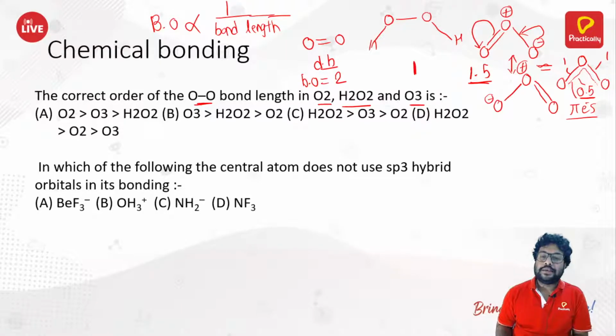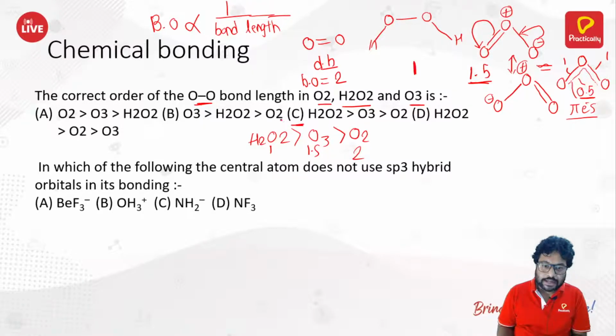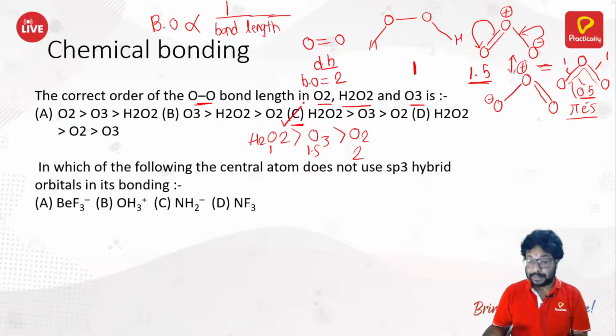That is why your peroxide will have the largest bond length, with bond order 1. Then you have ozone, which has a bond order 1.5, and lastly you have O2, oxygen, where bond order is 2. And that is why the correct answer has to be C: H2O2, O3 and O2. That is why your answer is C.